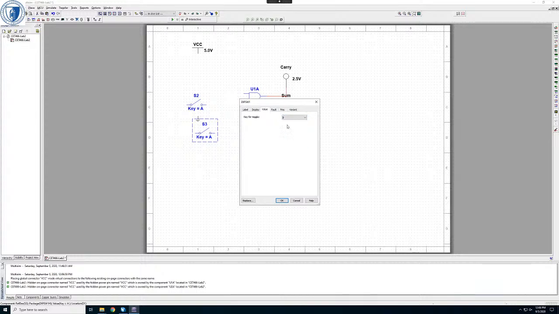So I'm going to make that one key B. Okay, so this one is A. The label, instead of being S2, is A. And this one, instead of the label being S3, is B. Okay, and if I type A, it toggles the... You can see it toggles whether the switch is open or closed. And if I type B, it toggles the other one whether it's open or closed.